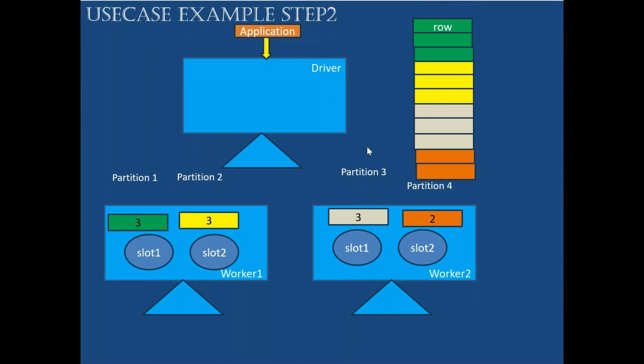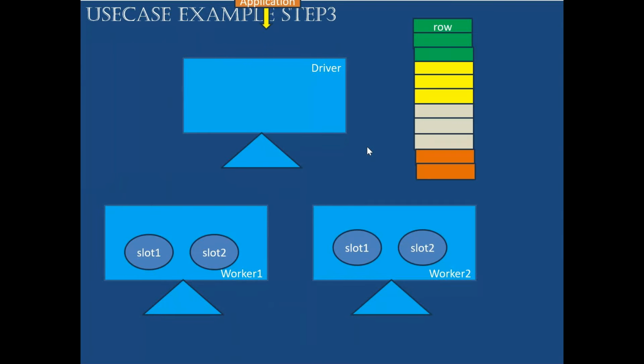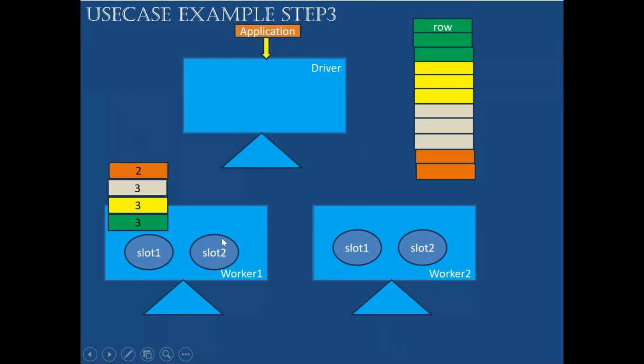The driver can ask any of the slots to consolidate all the results. Let's say the driver asks to consolidate all the results at slot 1. So all the results from slot 2 and the other worker node are consolidated at a single place. This is step 3.